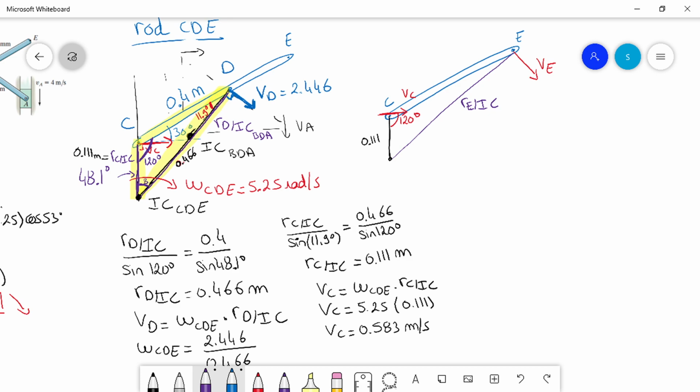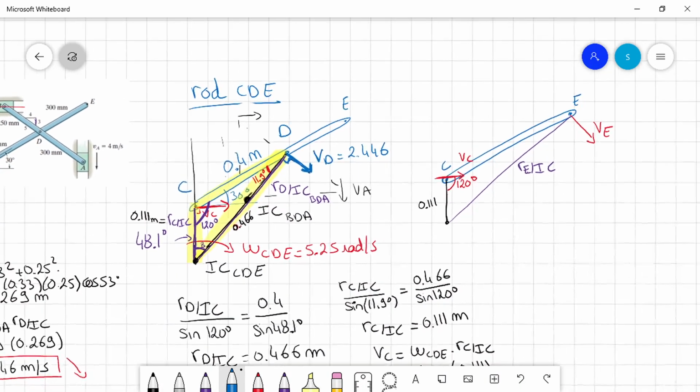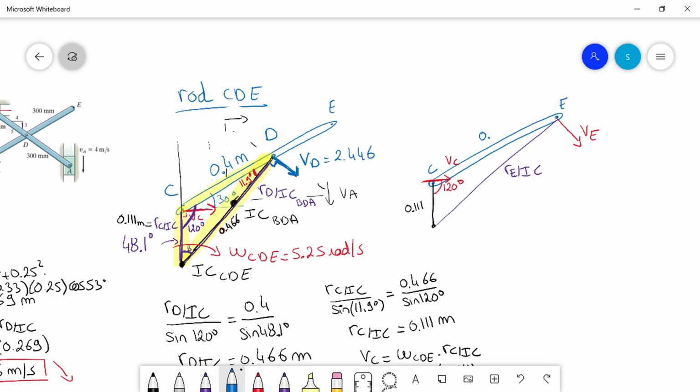We have one dimension, one angle. We are missing one dimension, the dimension between C and E. That's 400 plus 300, 700 millimeters, so 0.7 meter. We have two dimensions and one angle, so we think about the cosine law.